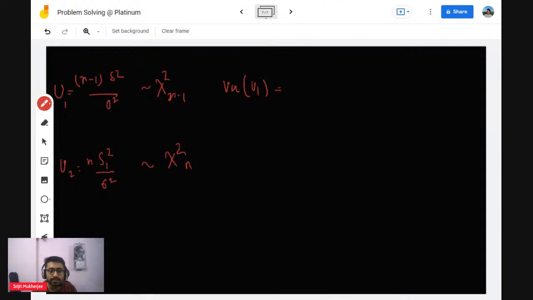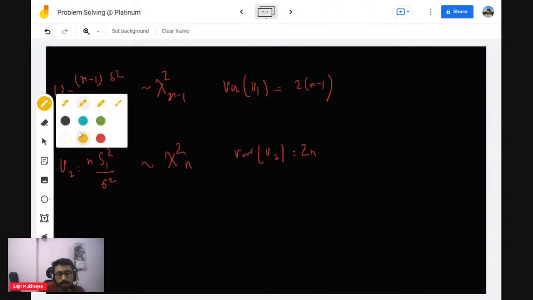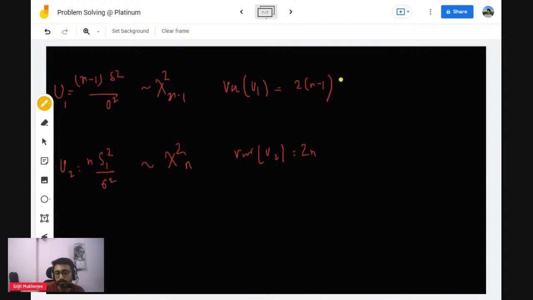Yeah, so the idea is that the variance of u1 is twice of n minus 1 and the variance of u2 is twice of n, right? And from here you can find the variance of s square. The variance of s square is nothing but you have to multiply by sigma to the power 4 over n minus 1 whole square, since you're dividing by n minus 1, times 2.